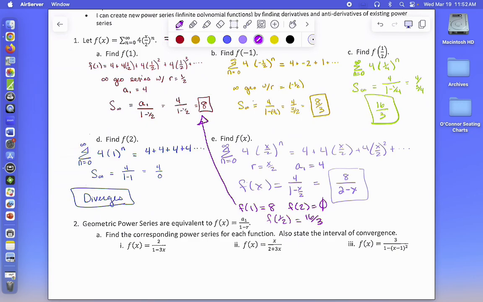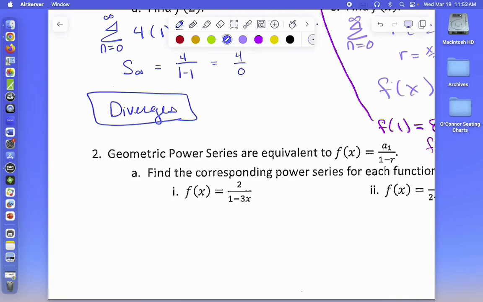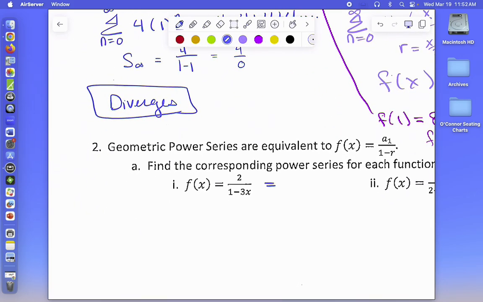So, if we can rewrite a function in a geometric notation, we could actually rewrite it as a series. So now we're going to reverse it. If I can write this as a constant over 1 minus r, I can rewrite this in a summation formula.